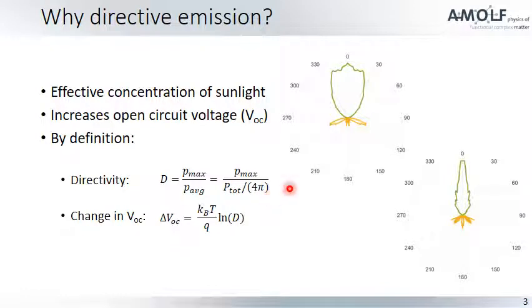And from that definition you can see that this kind of emission pattern corresponds to a much higher directivity than this one, because it emits much less light in other angles than the maximum. And given this definition of directivity, the open circuit voltage increases with the natural logarithm of the directivity as given here.